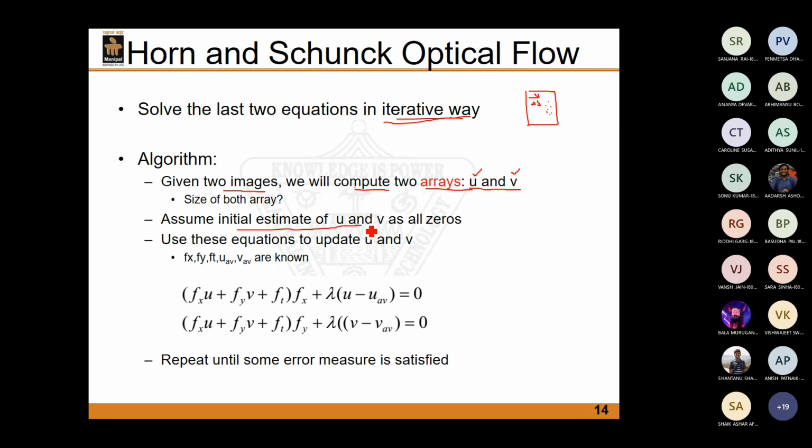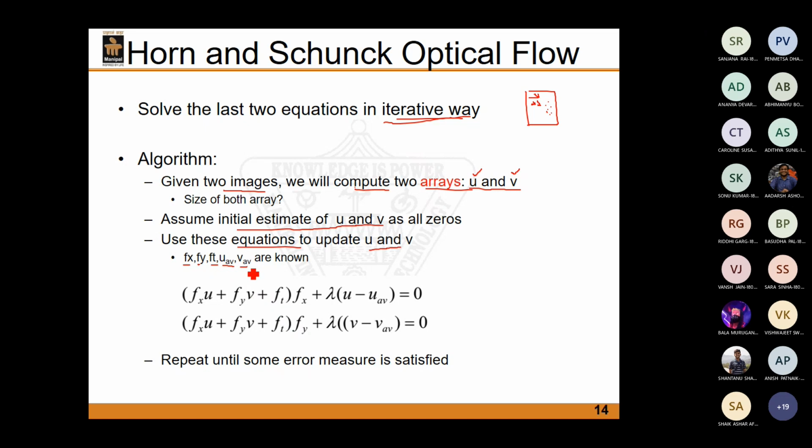Initially we are going to estimate u and v as all zeros, in the sense that we are assuming that there is no motion. Then we use the equations we just discussed to find the values of u and v. In order to use the equations, you first need to compute fx, fy, ft, uav and vav using the masks which were discussed earlier.